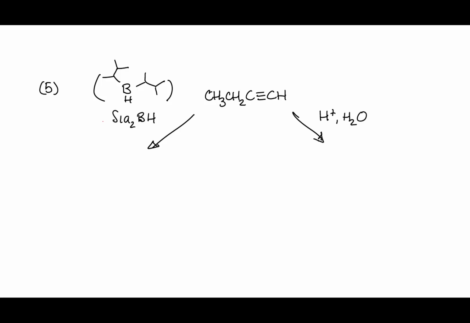H, OH. How? Markovnikov. Okay, so that means the hydrogen's going to go on the carbon to the right, and the OH is going to end up on the middle, or on the carbon to the left.